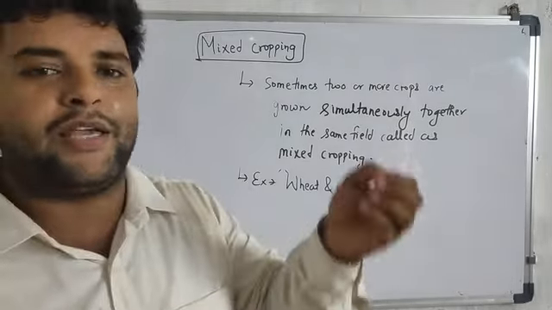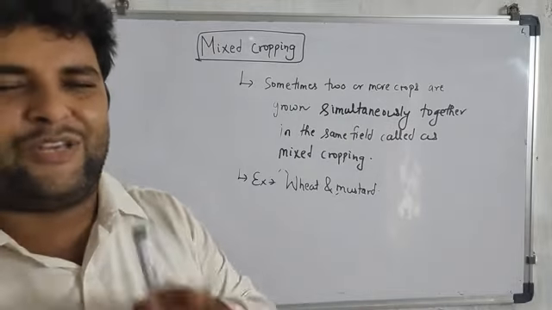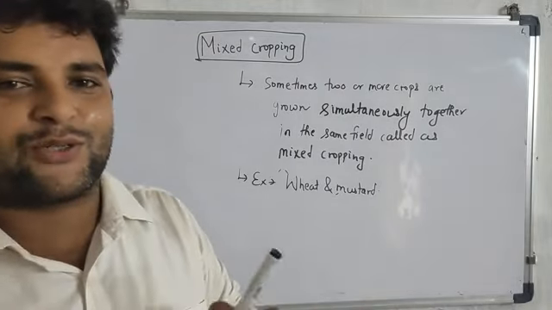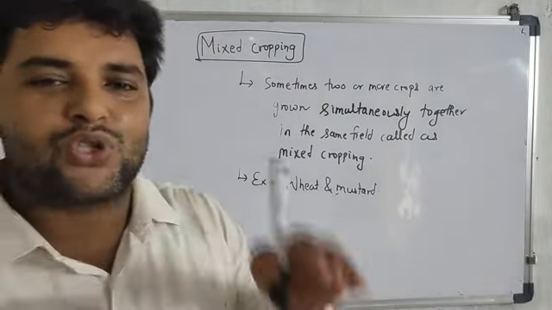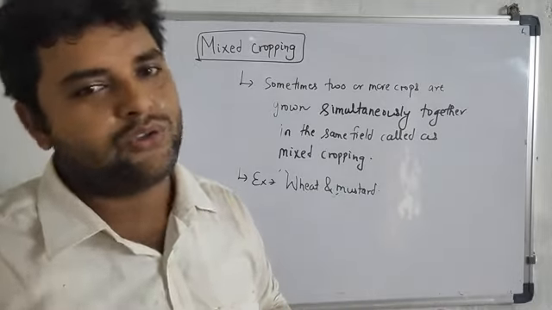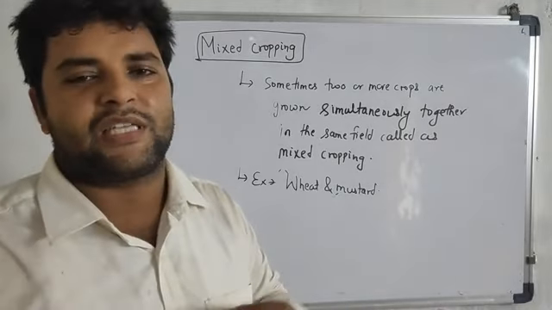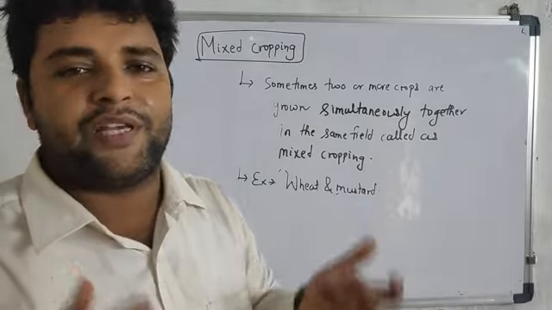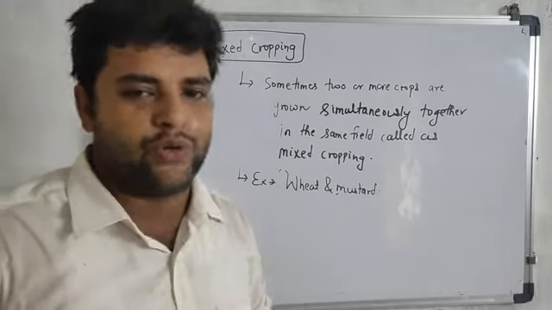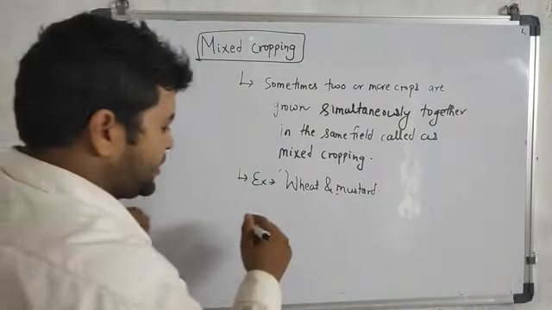So the conditions required by both the crops are usually similar. That's why they are sown together. If they require different things, they can't be grown together. Their basic requirements are basically the same. That's why they are mixed together and sown together. So wheat and mustard.